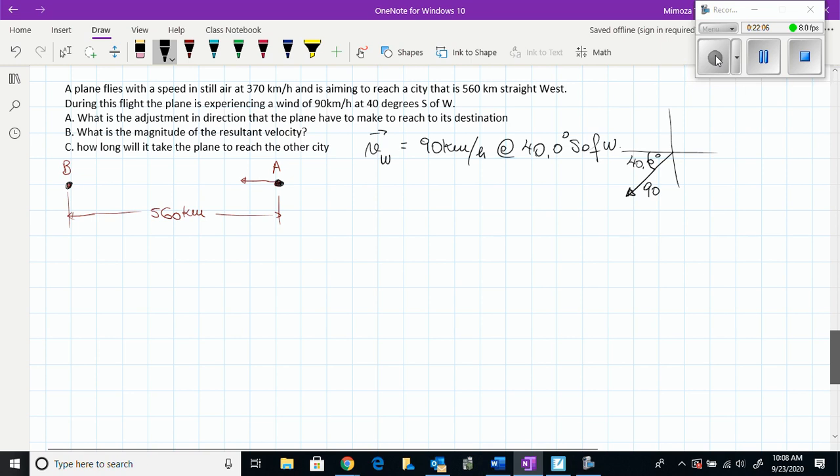What is the adjustment in the direction that the plane has to make to reach its destination? What it is telling us here is that the resultant velocity has to be west.